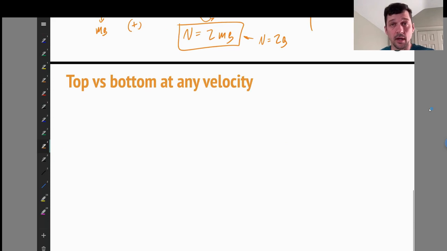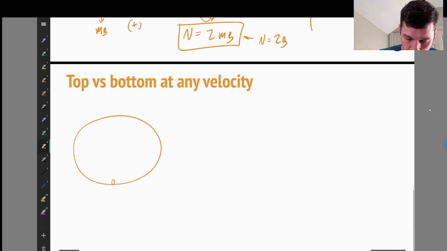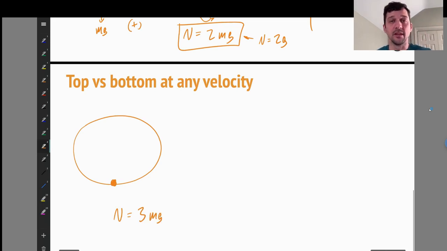Looking up the Enterprise online, I was informed that at the bottom, the Enterprise is giving you the sensation of 3g's. So at the bottom, we'd say that the normal force is 3 times your weight. You're having the sensation of being 3 times heavier than you usually are.